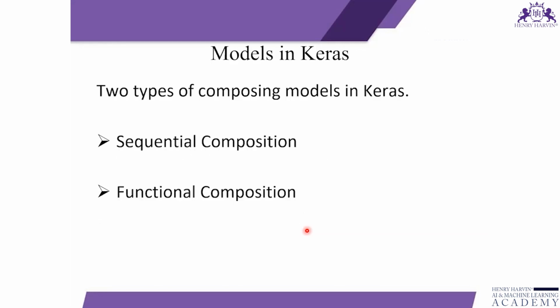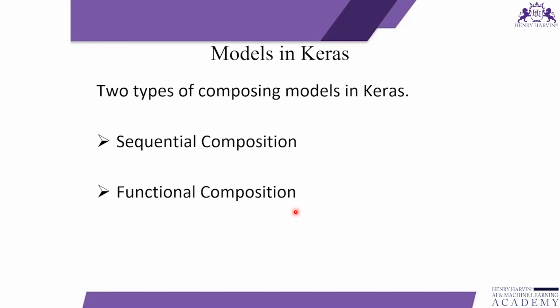So given this understanding of how Keras can be helpful, let's try and see what the different sections in TensorFlow are. There are two types of composing models in Keras, and one is called the sequential model. And the sequential model is really helpful to compile and has many other advantages.